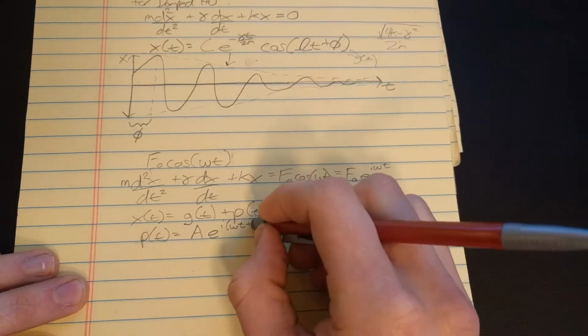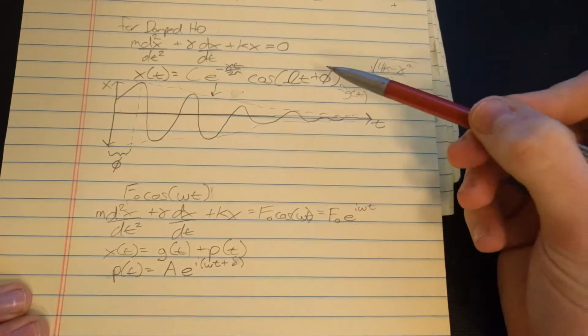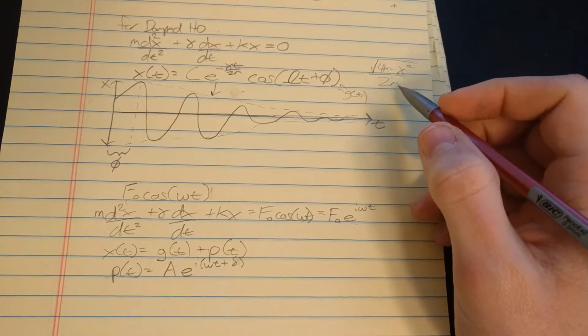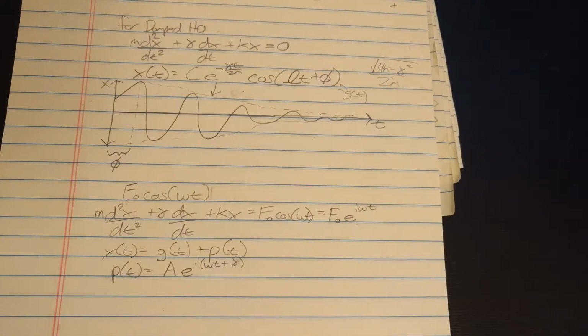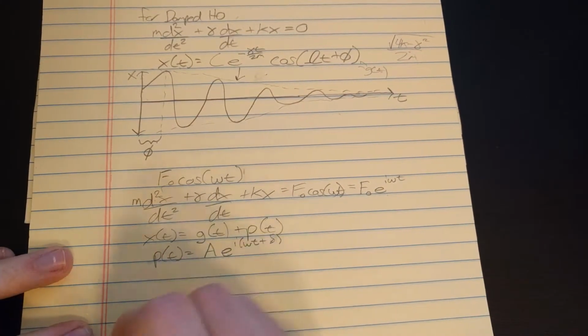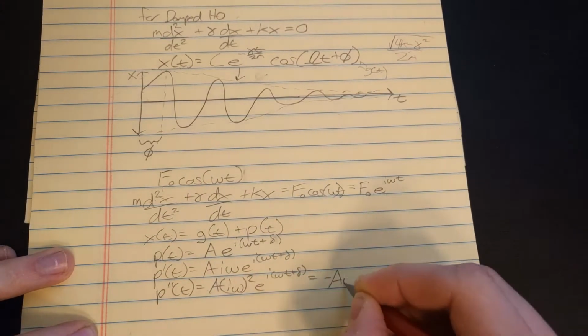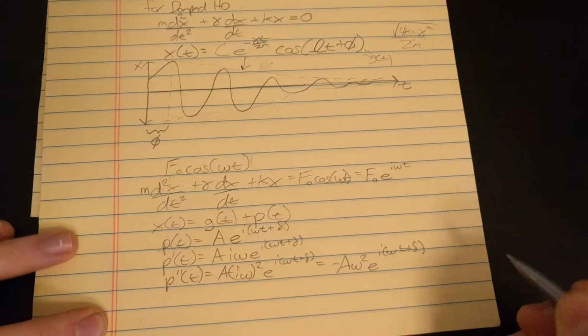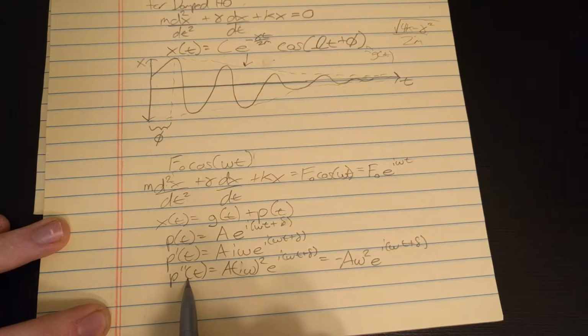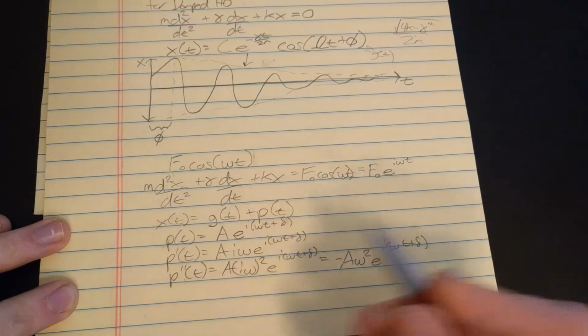Let's call this phase factor something else, because it's not the same phase factor we encountered in the previous video. Okay, so let's differentiate P one time and then. Okay, so now we have everything and we can plug P into this equation instead of x.